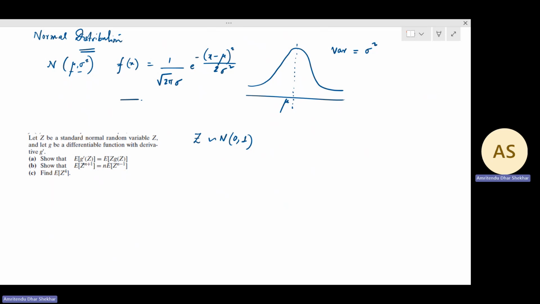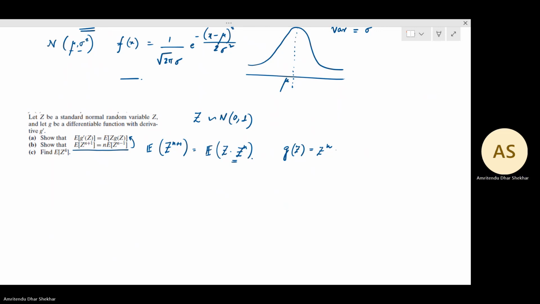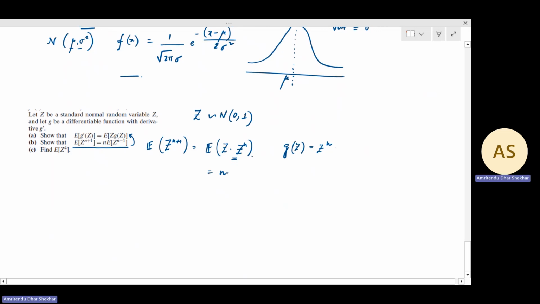Now it should be clear that the second part directly follows from the first part. Why? Because the expectation of z to the power n plus 1 is the expectation of z times z to the power n. So if we set g of z to be the function z to the power n, it follows from the first part that this is equal to n times the expectation of z to the power n minus 1.